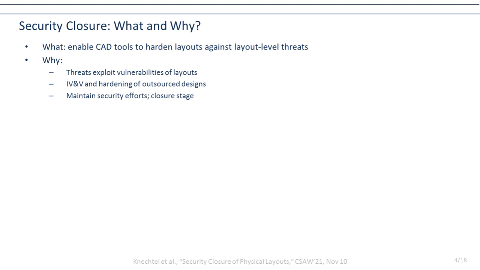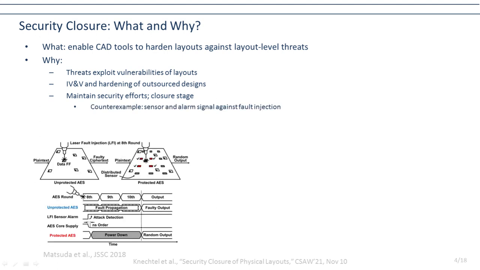Another reason is that we want to maintain security efforts which may have been introduced earlier in the design process, as in, we really want to have a closure stage here in terms of security. To make this point a bit clearer, let us look at a counterexample. We just talked about fault injection, and illustrated here is such a proposed scheme for detecting a laser fault injection.